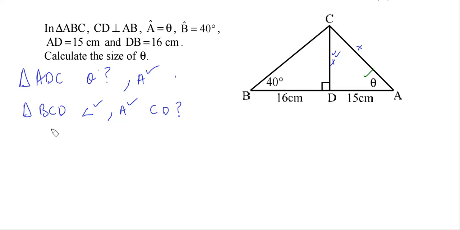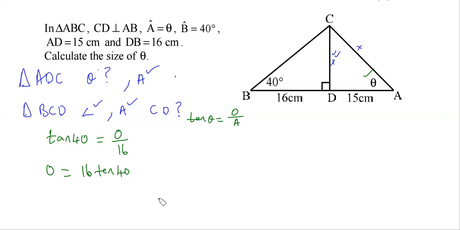So we're going to say tan 40 is equal to opposite, which we are looking for, over adjacent. Adjacent here is 16. So tan theta is equal to opposite over adjacent, and our opposite is going to be equal to 16 tan 40.